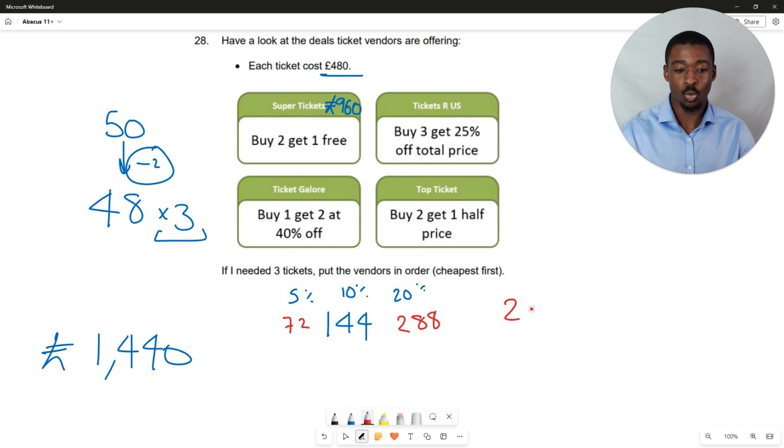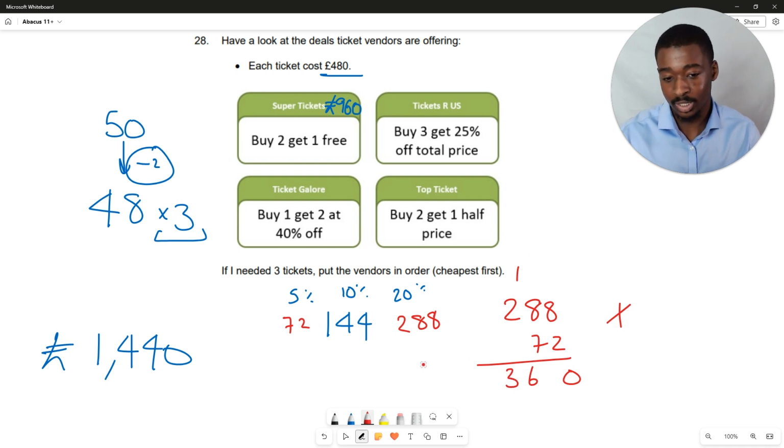So let's add together 288 and 72. We could do it the normal way. So we have 8 plus 2 giving us 10, so 0 carry the 1. And then we have 8 plus 7 giving us 15, add the 1, 16. And then we have 2 plus 1 giving us 3, so 360.